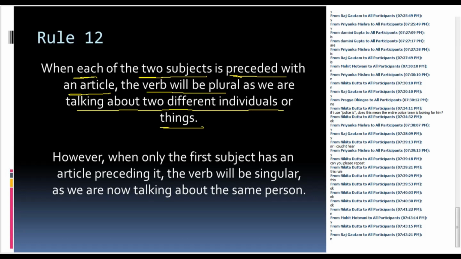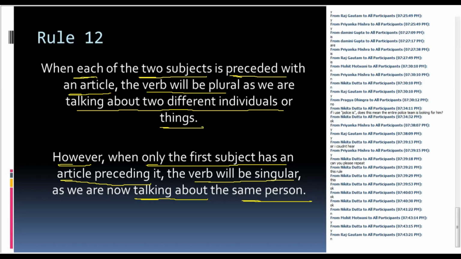However, when there are 2 subjects and only the first subject has an article preceding it, then the verb will be singular, because then it signifies that you're talking about the same person. The person is the same.